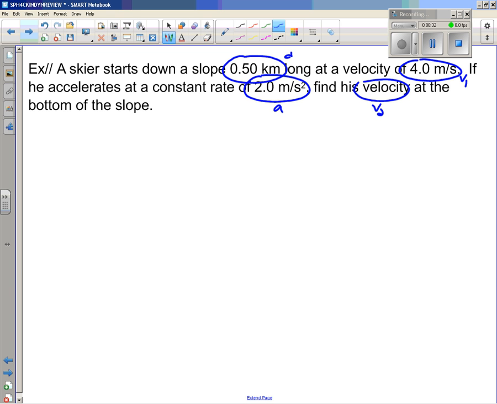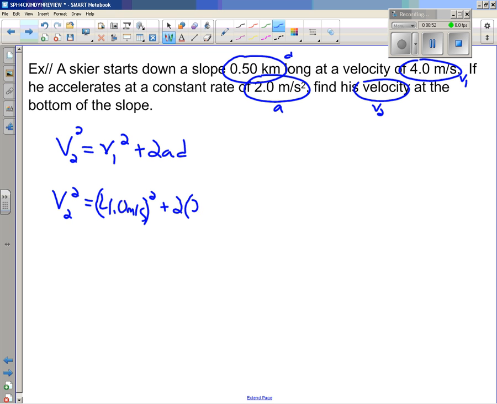That's going to be equation number 5, as I like to call it, which is V2 squared equals V1 squared plus 2AD. So V2 squared equals 4 meters per second, and that's going to be squared, plus 2 times 2.0 meters per second squared times the distance.